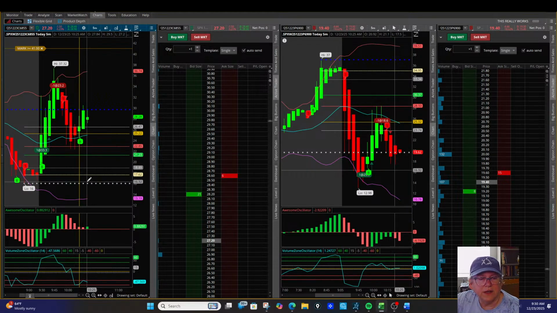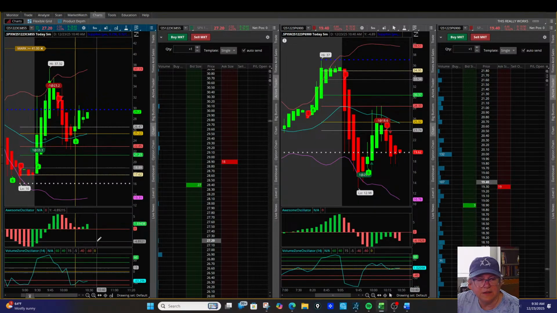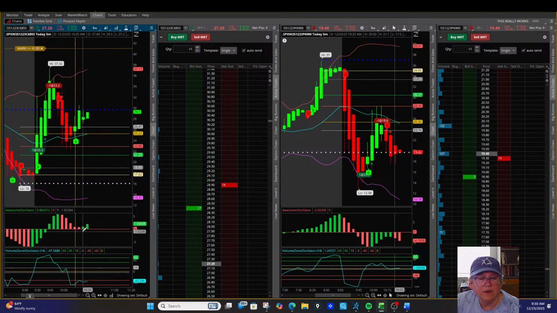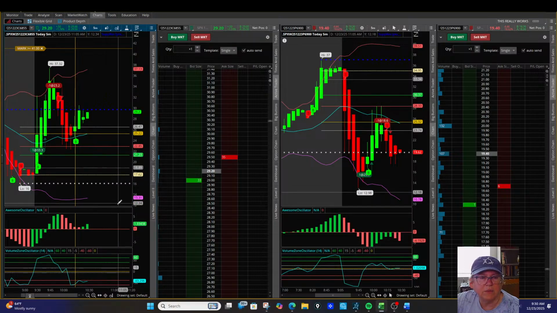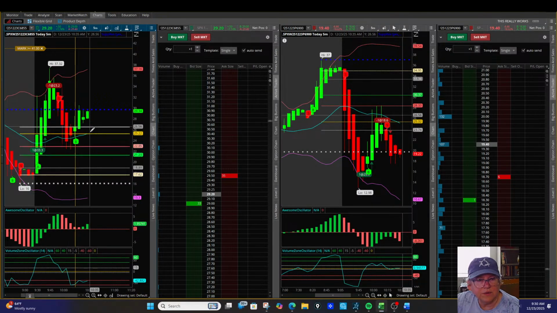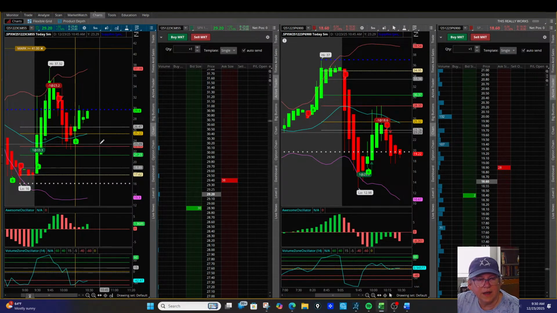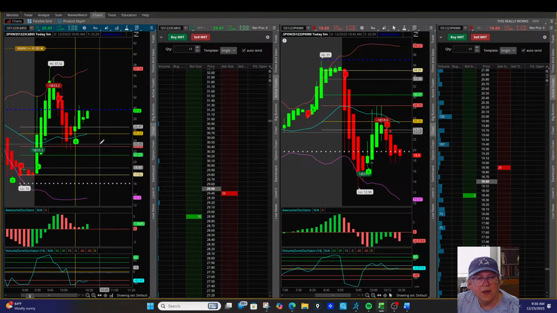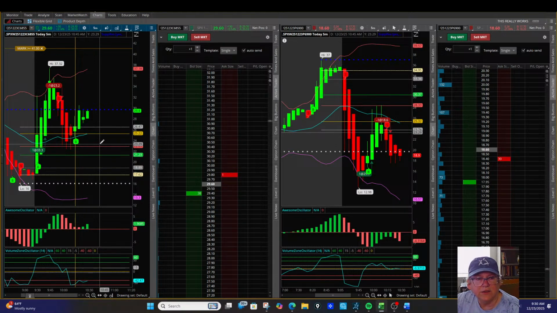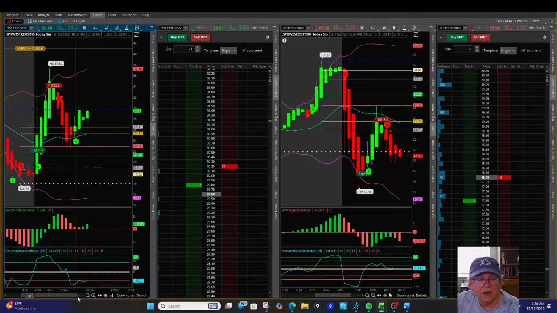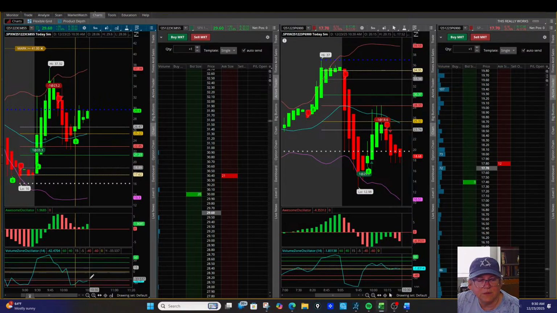So that's a good thing to see, because that's what I predicted would happen: it will come down here, touch, and then head back on up. I think it's going to burst through this overnight high and continue to go up. And we've got the volume zone oscillator, just tells me this is gaining momentum down here.